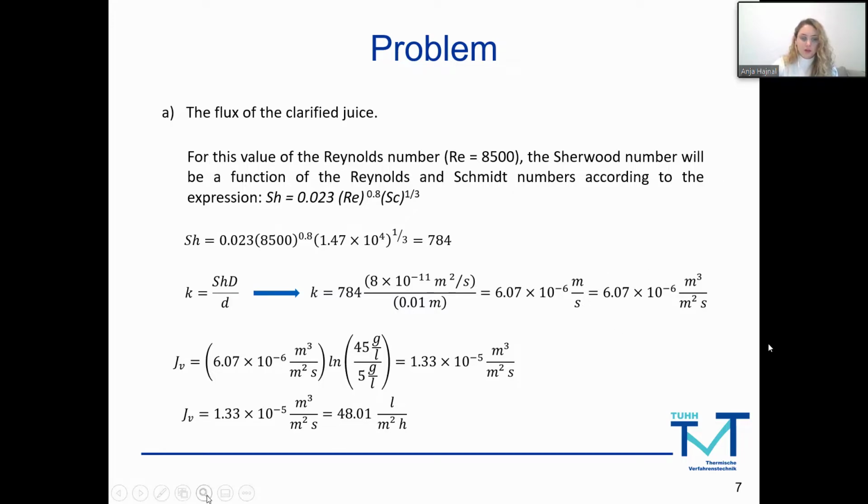So if you now use this value for K, and as I said, our concentration at the membrane, for this we take the maximum concentration that we're allowed to reach over the concentration in our feed. And this should give us 1.33 times 10 to the power of minus 5 meter cubed per meter squared second. And if we want to transfer this to liters, you will get 48.01 liters per meter squared hour.